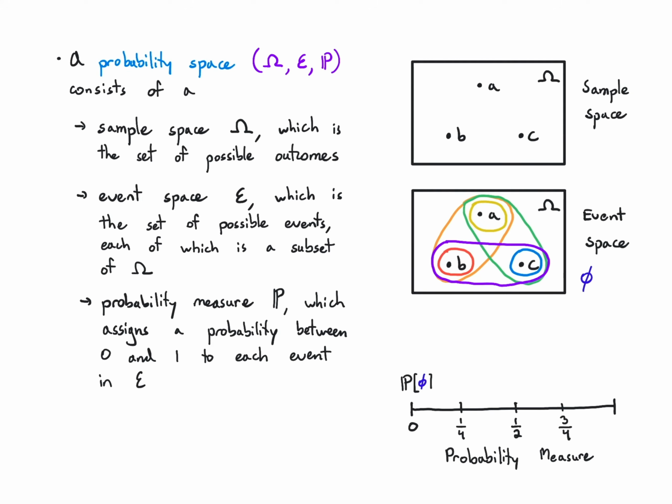In this case, I'm just kind of assigning them in just some way that satisfies the axioms, and we don't need to worry about exactly what values I've picked, just that the axioms are satisfied. So first, the probability of the empty set will be 0, because the probability of nothing occurring is 0. Then the probability of the sample space is 1 because of normalization. So the probability of something occurring is 1.